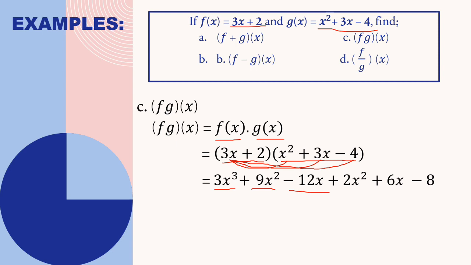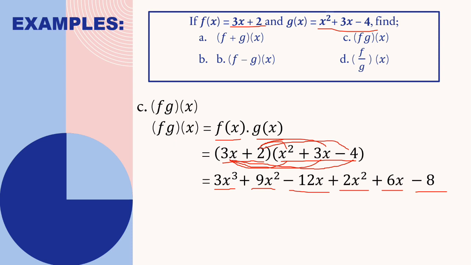Then the second term of 3x plus 2, we have 2 times x squared, the first term of x squared plus 3x minus 4, so we have plus 2x squared. Then 2 times 3x, so we have here positive 6x. Then 2 times this one, negative 4, we have here negative 8.